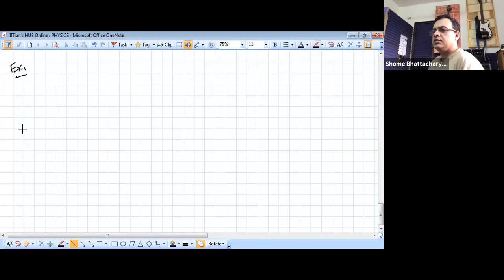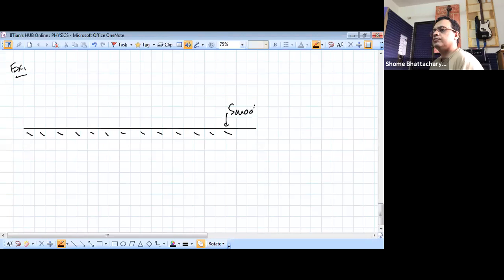we have a situation like this: on the smooth horizontal, frictionless surface, we have kept a slightly longitudinal kind of plank or slab kind of thing.